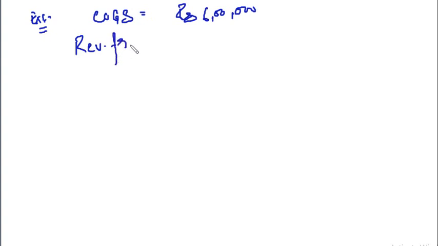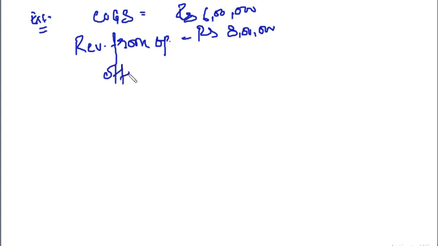Clear, friends? So let's do one simple question on it. Say your cost of goods sold is rupees 6 lakhs. Your revenue from operations is rupees 8 lakhs.